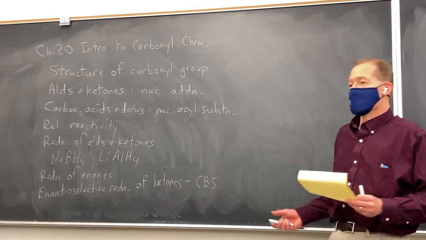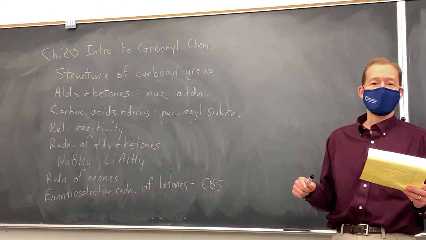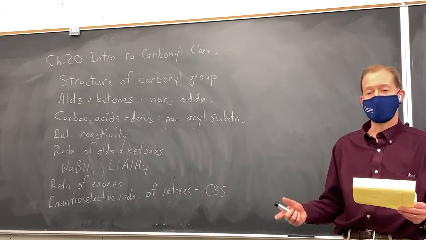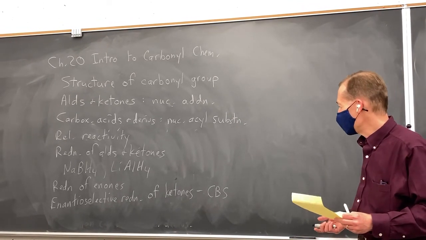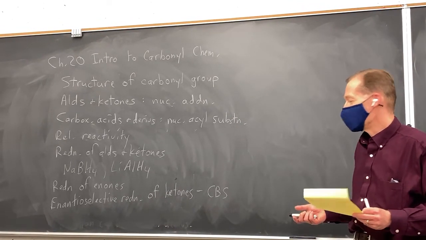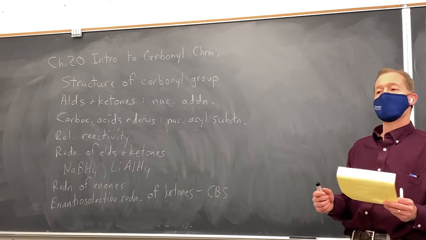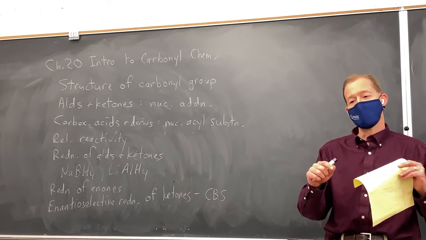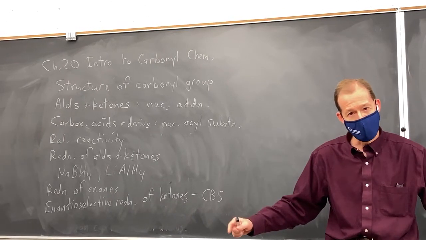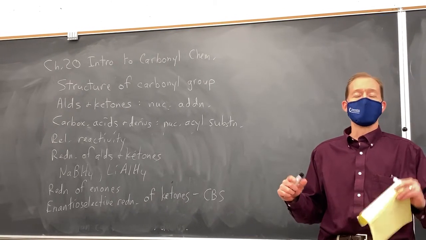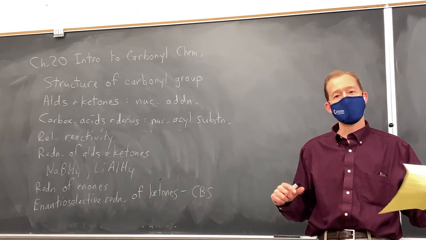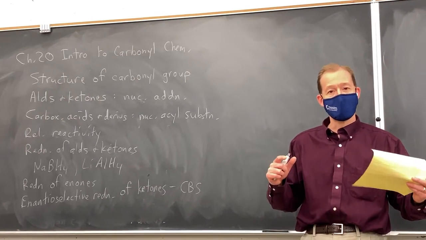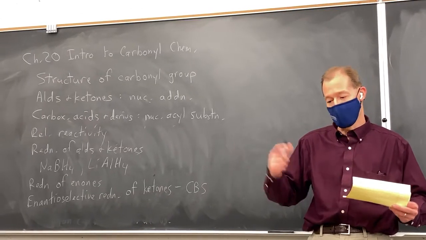Okay? We discussed that last semester in the context of the Sharpless asymmetric epoxidation, and we gave the same explanation this semester in discussing chapter 20. Namely, we drew an energy diagram on the board with pathways leading to both enantiomers. The transition state leading to the major enantiomer is lower in energy than the transition state leading to the minor enantiomer.